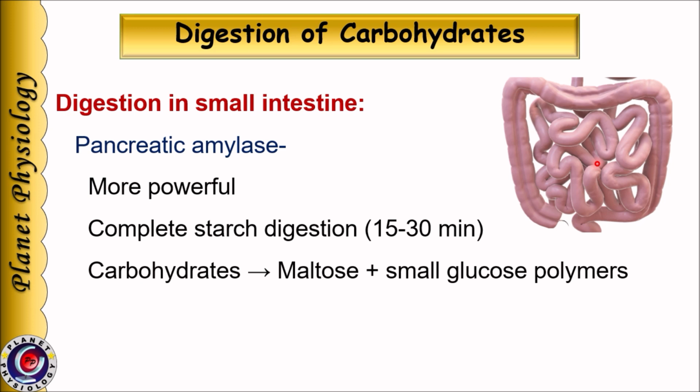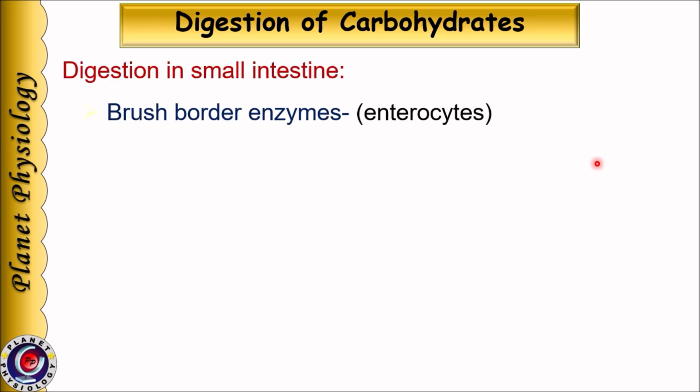Most of the starches in the intestine are in the form of maltose or small glucose polymers. Microvilli of the enterocytes possess specific enzymes to convert the partially digested food into its basic components. These enzymes are collectively called as brush border enzymes.